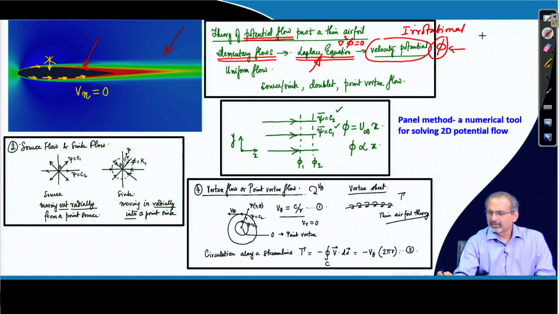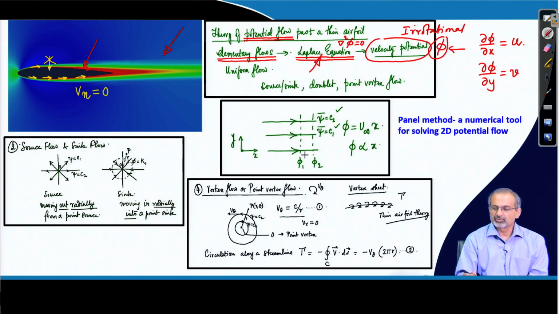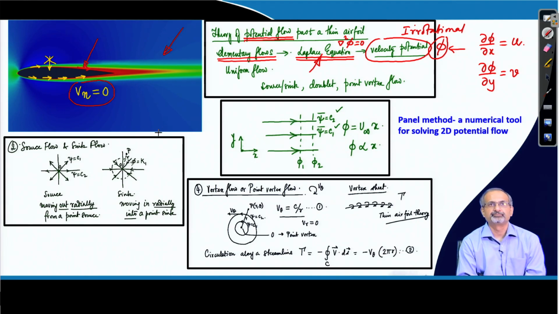And then if you take the partial derivative of phi with respect to x and y, you end up getting the velocity components. While in the Euler equation, for example, you solve for u's, v's directly, and you can even impose the Vn equal to 0 condition in terms of the velocities.